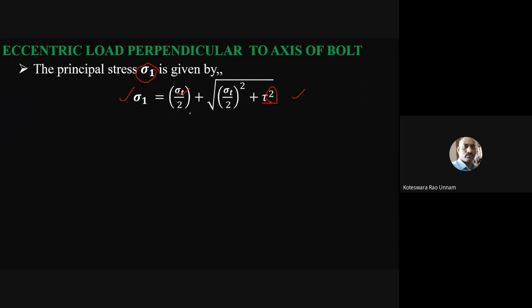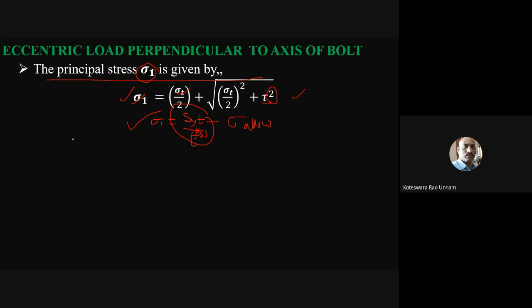If I use this formula, I'll get the maximum tensile stress. Then for the design criterion, I need to equate this to S_yt, the yield strength in tension, divided by the factor of safety. This will give you the allowable stress, sigma allowable. Using this, you can calculate the diameter of the bolt, if you want to use the maximum principal stress theory.